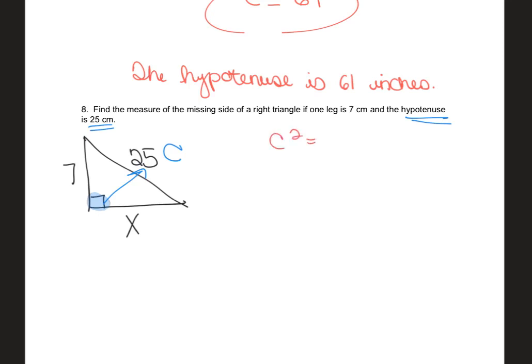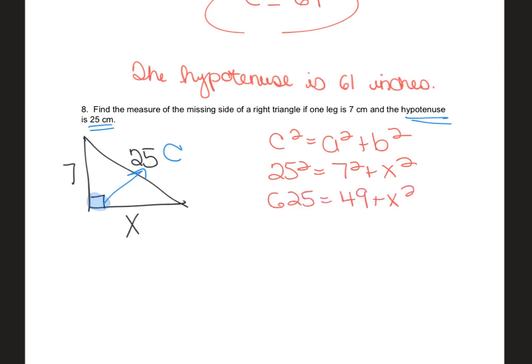So we write our formula. We plug in to our formula. We get 625 equals 49 plus x squared. We subtract the 49 on both sides. We get x squared equals 576.